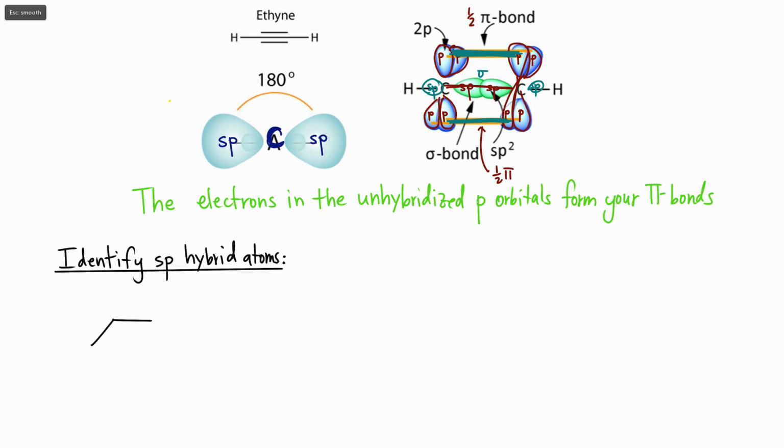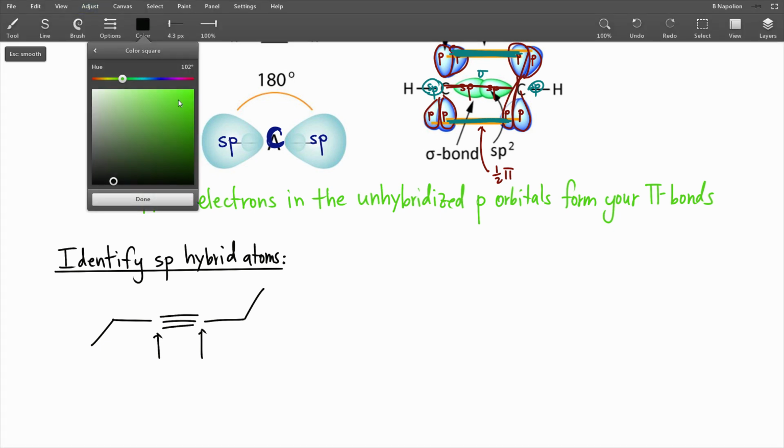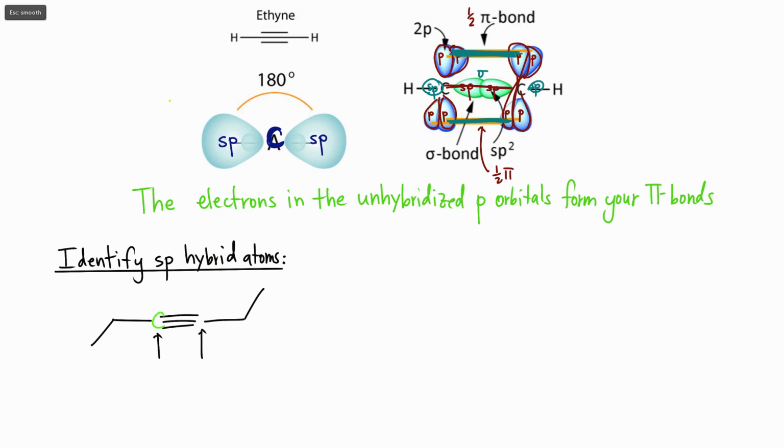Let's make up this, and you already know what this means. Now sometimes you'll see a gap in between that triple bond and that single bond. That still represents a carbon. So those two are carbons. This is a CH2, this is a CH3, this is a CH2, this is a CH3.